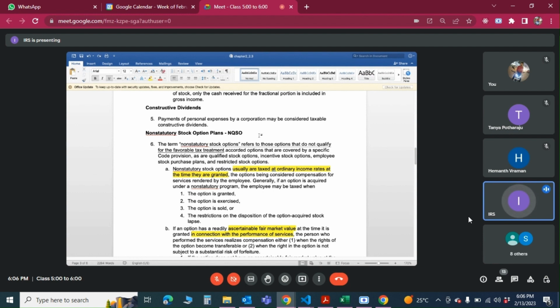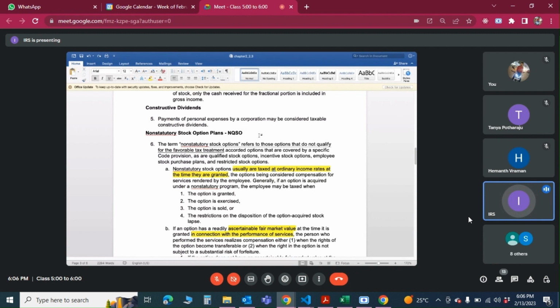Wherever there are stock options, that means the taxpayer is given a choice. Only when you tell the company, okay, I want those stocks, then the taxability comes into the picture.